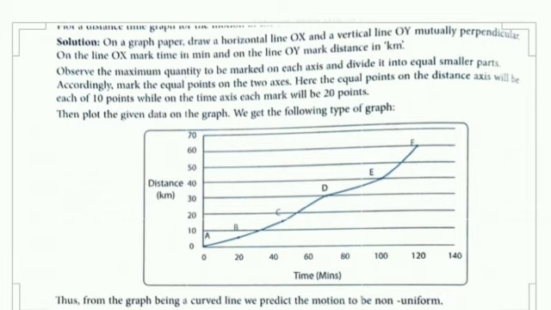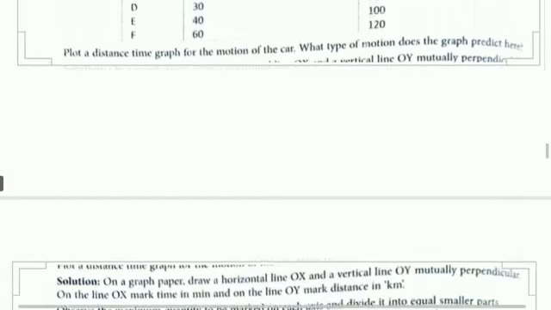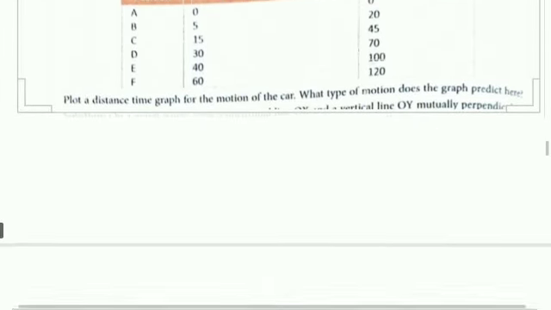On the line OX, mark time in minutes, and on OY mark distance in kilometers. First was 5 kilometers, so the first dot is at 5, and the time is 20.